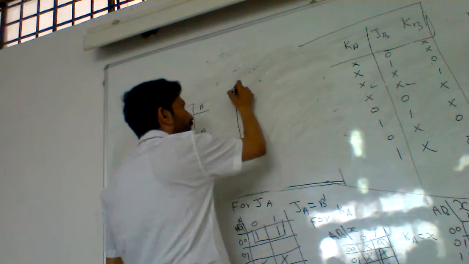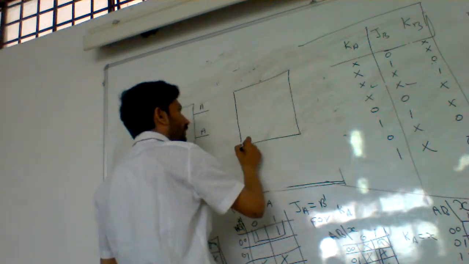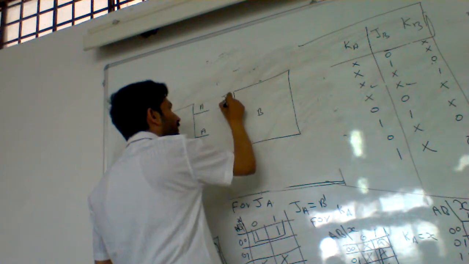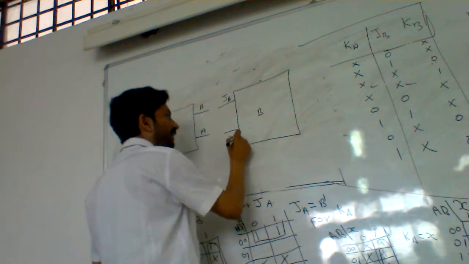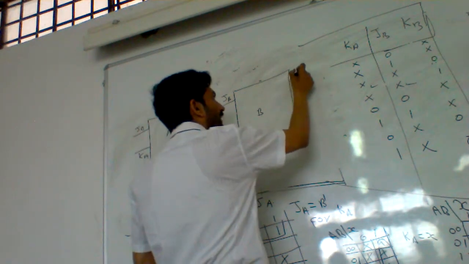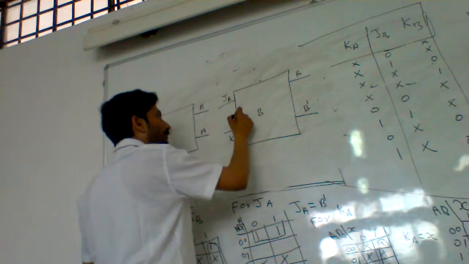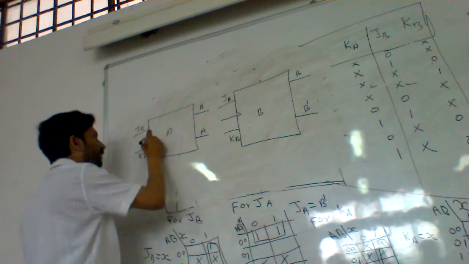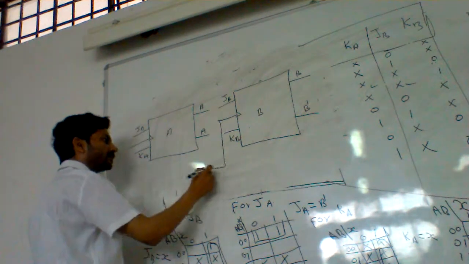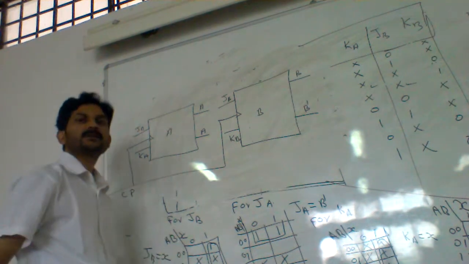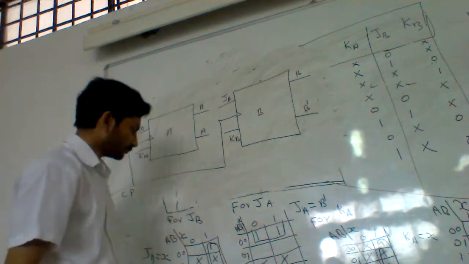Next flip-flop is B with JB, KB, outputs B and B dash. For synchronous operation, you connect these to CP, the clock.